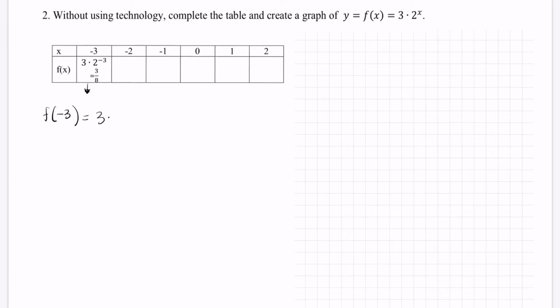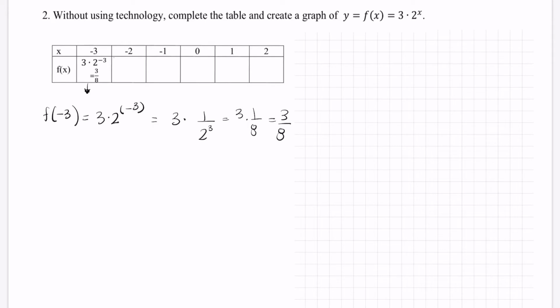So you get 3 times 2, and instead of an x, you evaluate by putting the negative 3 in for the exponent. That's the same as 3 times 1 over 2 cubed, which is the same thing as 3 times 1 over 8, which is 3 over 8.